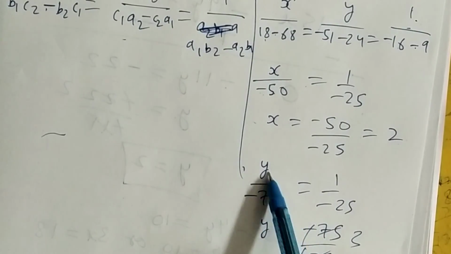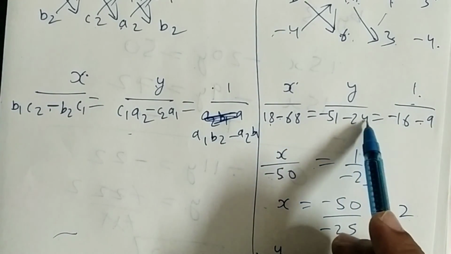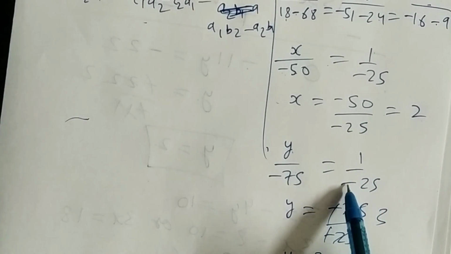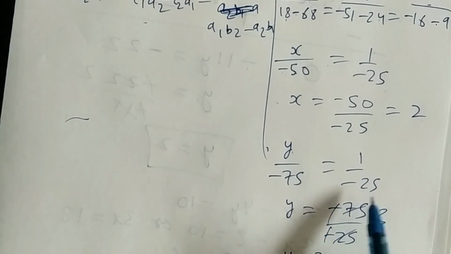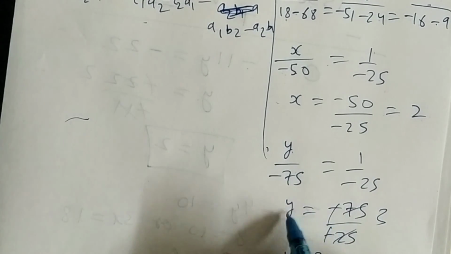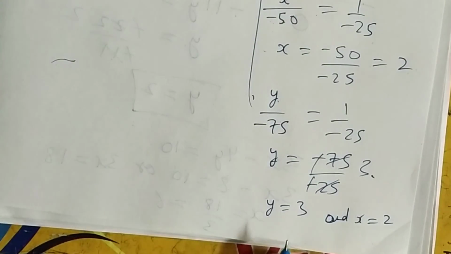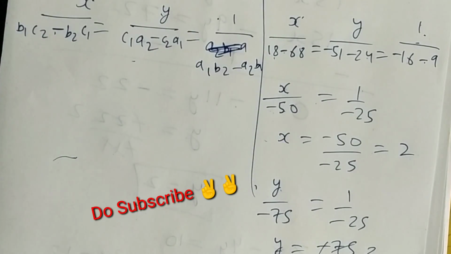In the same way, y upon minus 51 minus 24, this is minus 75. Y upon minus 75 is equal to 1 upon minus 25. So on cross multiply, we get the value of y is equal to 3, x is equal to 2. So this is how we solve this equation by the cross multiplication method.